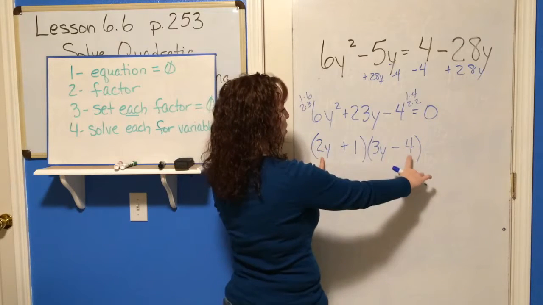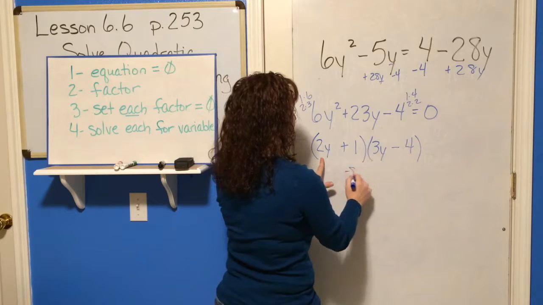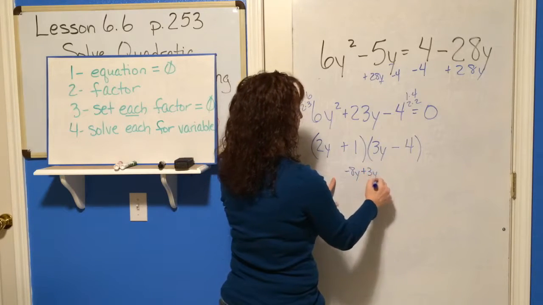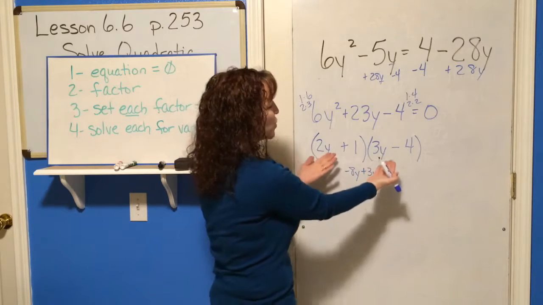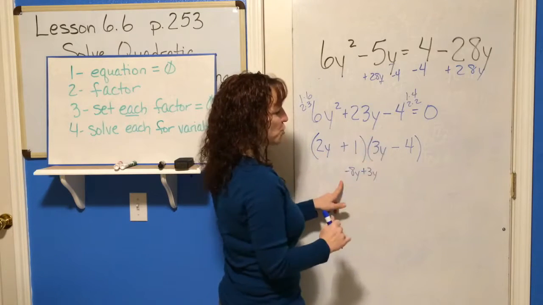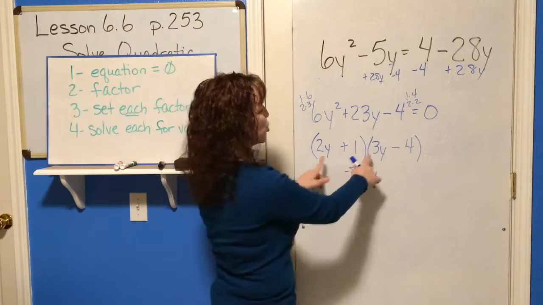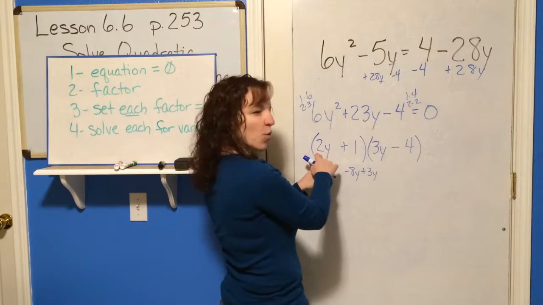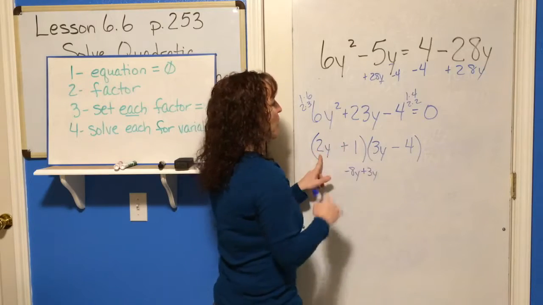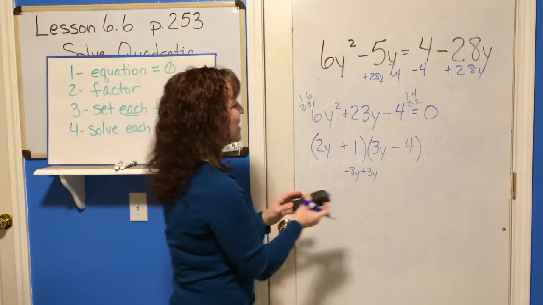Let's check the middle. 2 times 4 is negative 8y, and 3 times 1 is plus 3y. You know what? Because we're subtracting, 8 minus 3 is going to be 5. That's way too small. So even if I were to switch these and put a 3 times 4, that's only 12, and that's still not big enough. So I'm going to say, wow, I think I need something even bigger.